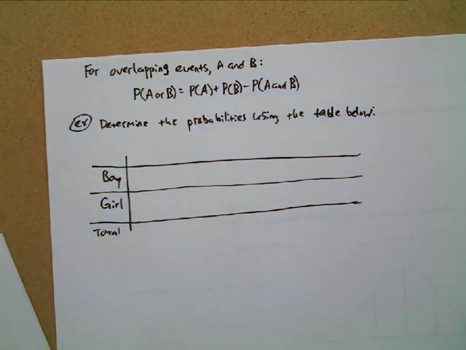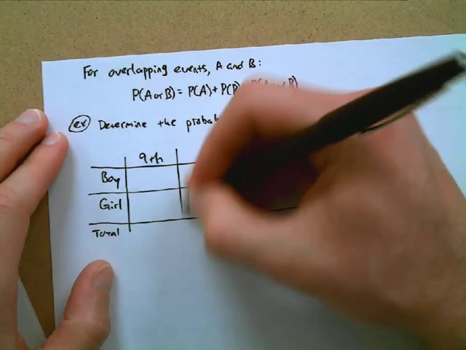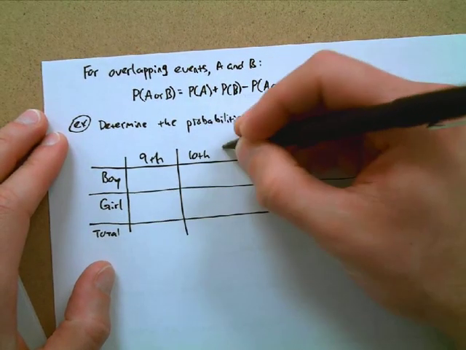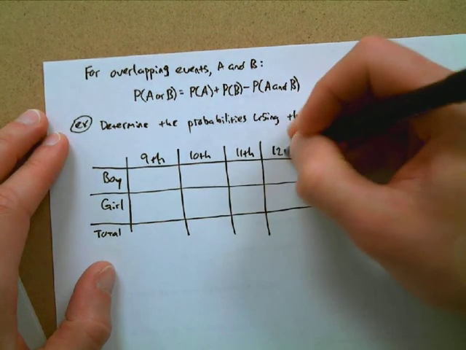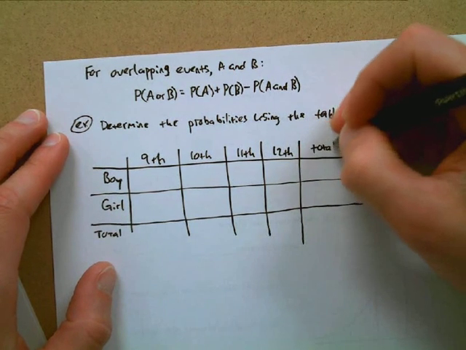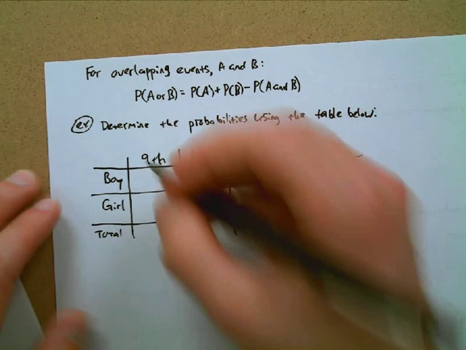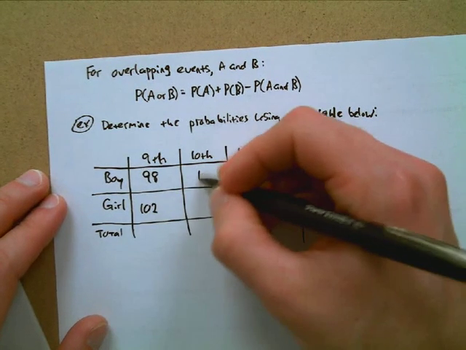And then we're going to have 9th grade, 10th grade, 11th grade, and 12th grade. And then their total as well. Okay, and let's just do 98, 102, 104, 106.